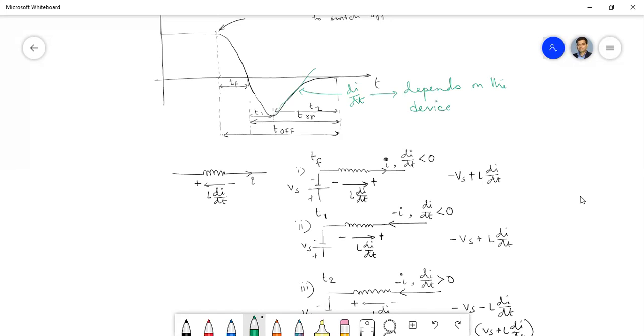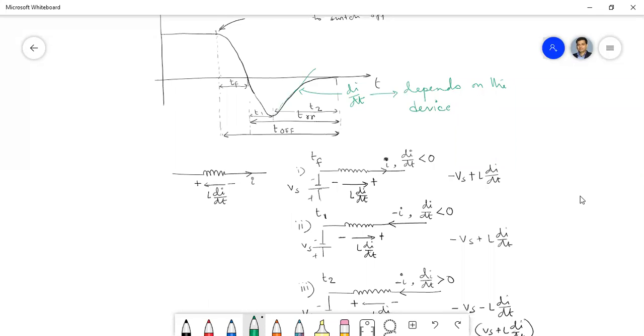Isn't it? So this di/dt slope, which is coming at the end stage of this device recovery, completely depends on the device itself. I can explain, but again I have to go to the device level. Okay, I will discuss in the next class why we are getting exactly this slope.